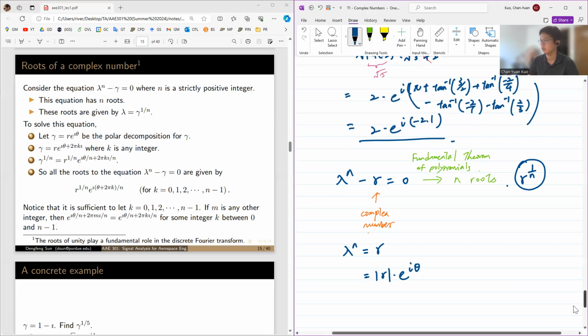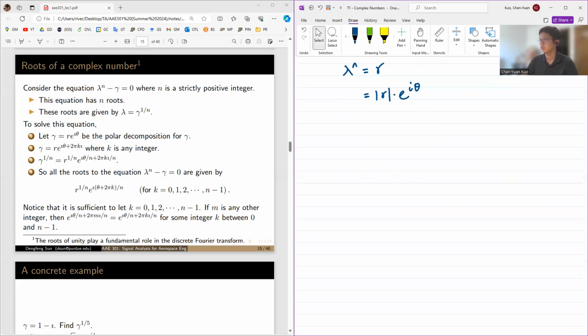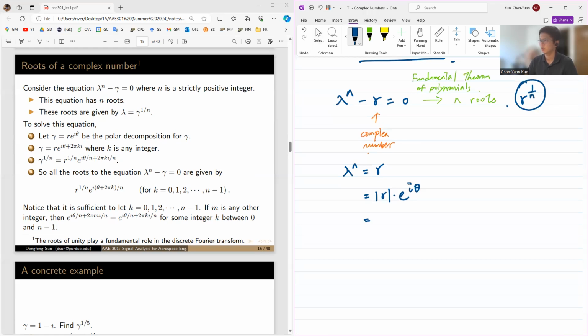Then we can multiply this whole thing by e to the i 2k pi, where k is an integer. This will not change the result because e to the i 2k pi will always equal 1.